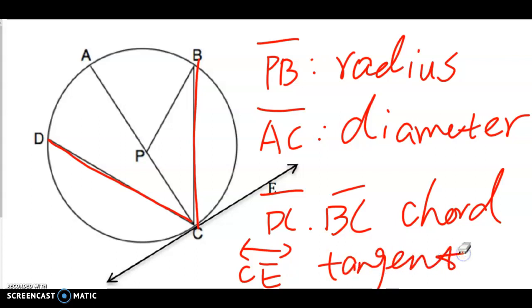That's what we talked about last time. So the tangent is line CE, and the point C, we call it the point of tangency. So that is how to name the segments in the circle.